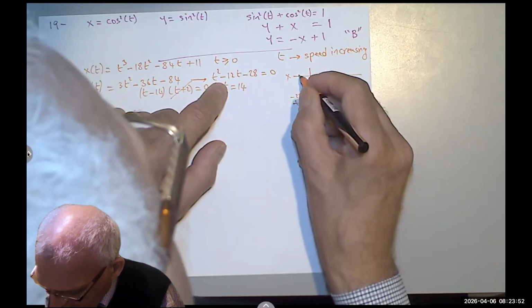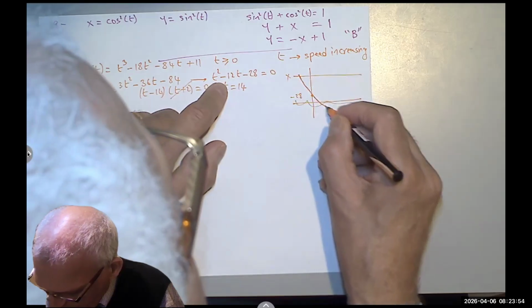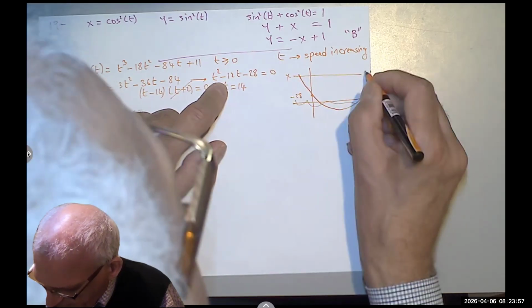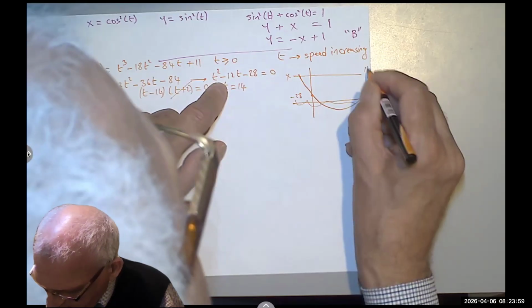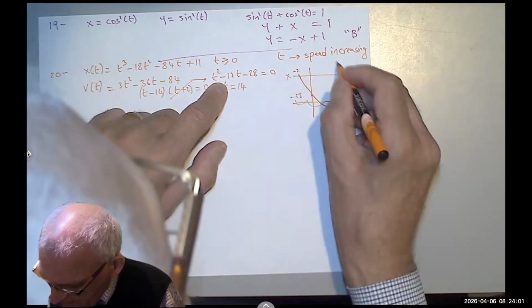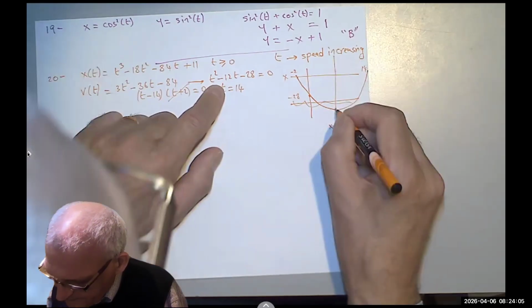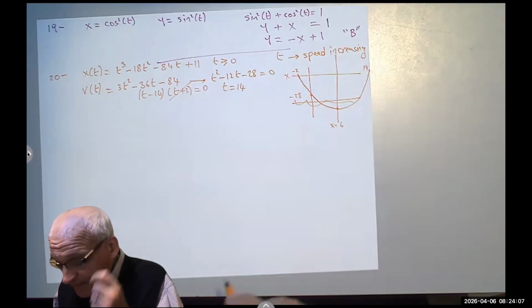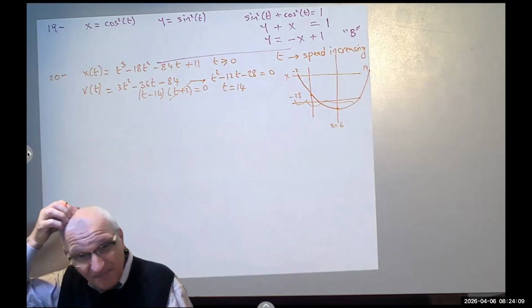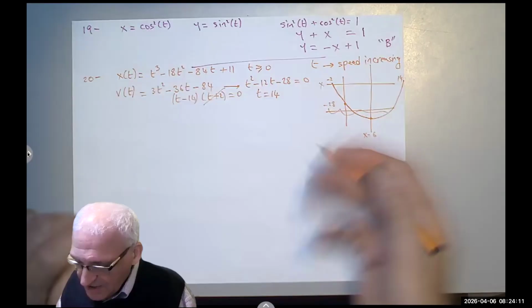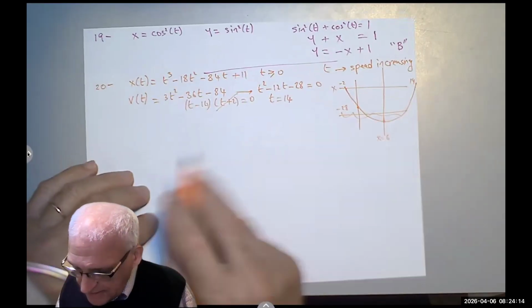It goes at negative 2 and positive 14. Right? And x equals 6. Well, it really doesn't matter. You don't need to plot it. You just need to see how it looks.